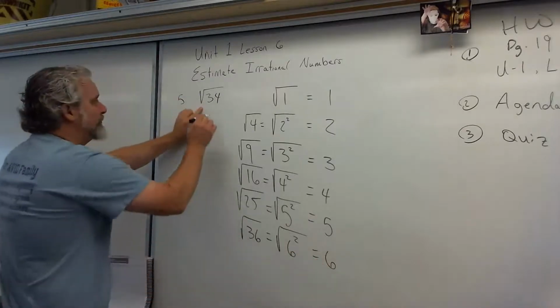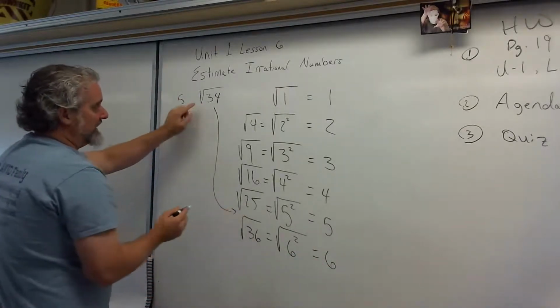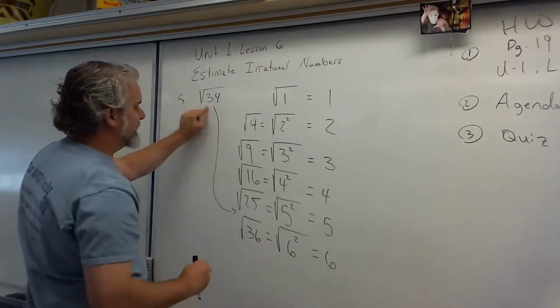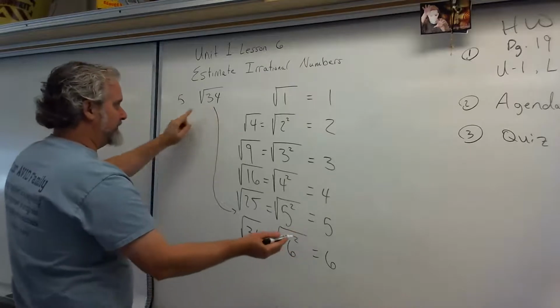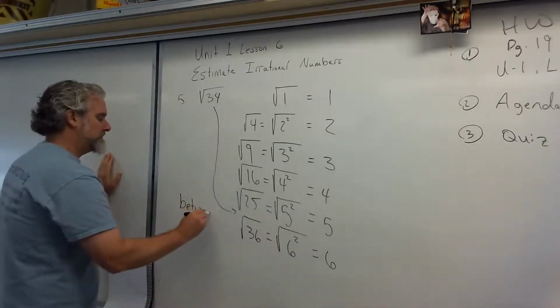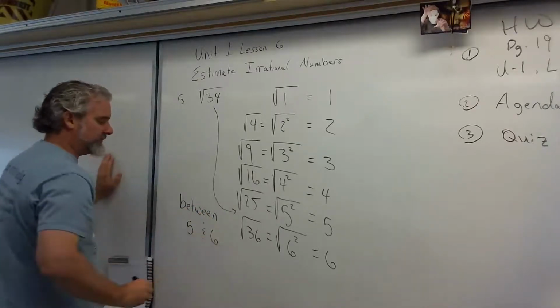So square root of 34 is going to fall in between these two. Square root of 25 is less than square root of 34, and the square root of 36 is greater than the square root of 34. So our answer for number 5 is between 5 and 6.